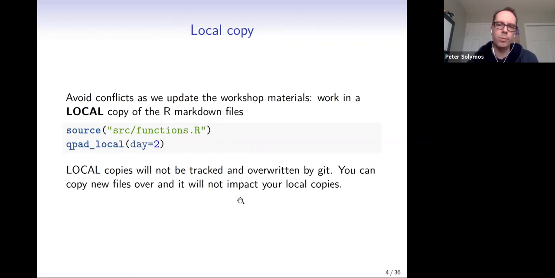This is going to create copies of the day 2 markdown files. So your changes won't get lost or overridden by Git if you're using Git. Otherwise, just every day you might get a different folder. And once we are done, you can just copy your files together into one place, and then that way you'll have it saved.